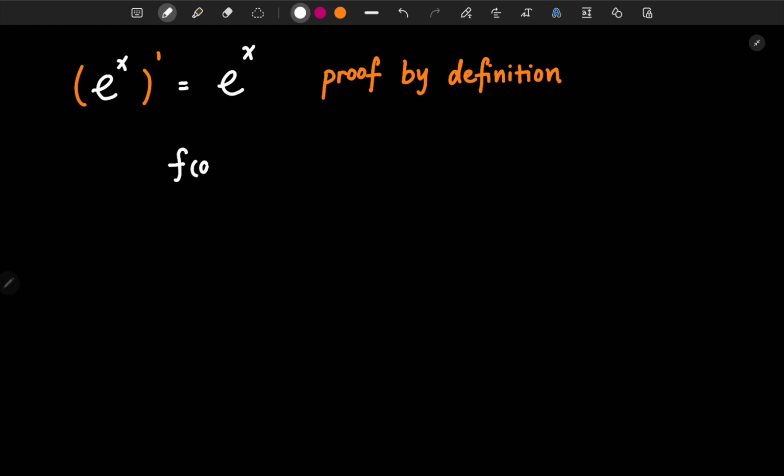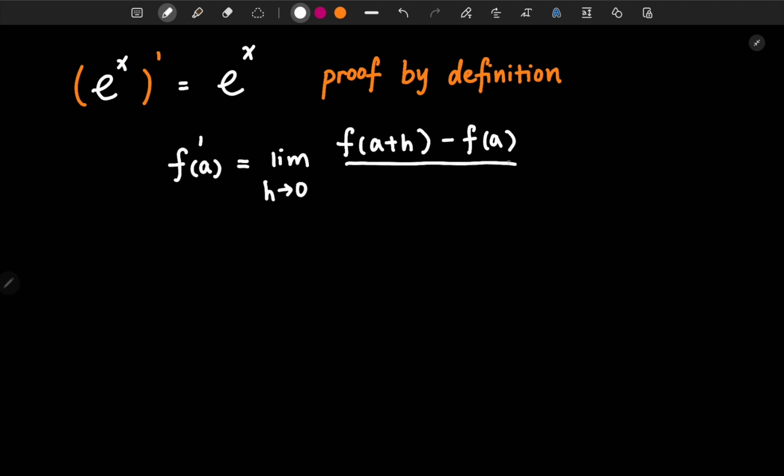The derivative at point a is going to be equal to the limit as h goes to 0 of f of a plus h minus f of a, divided by h.